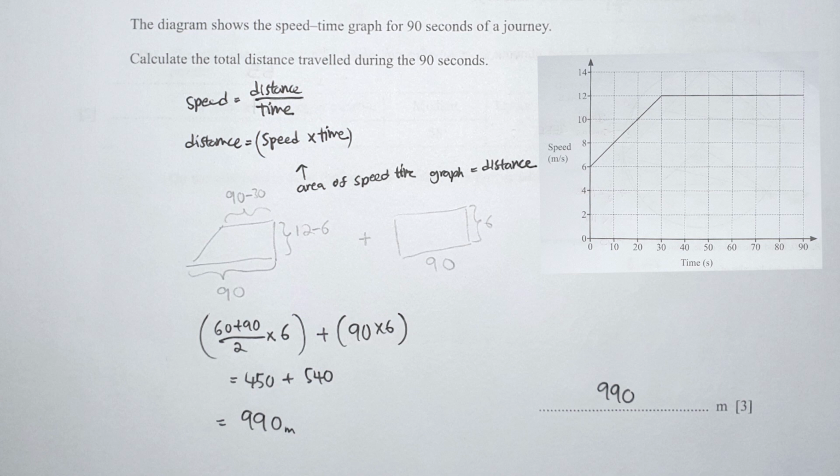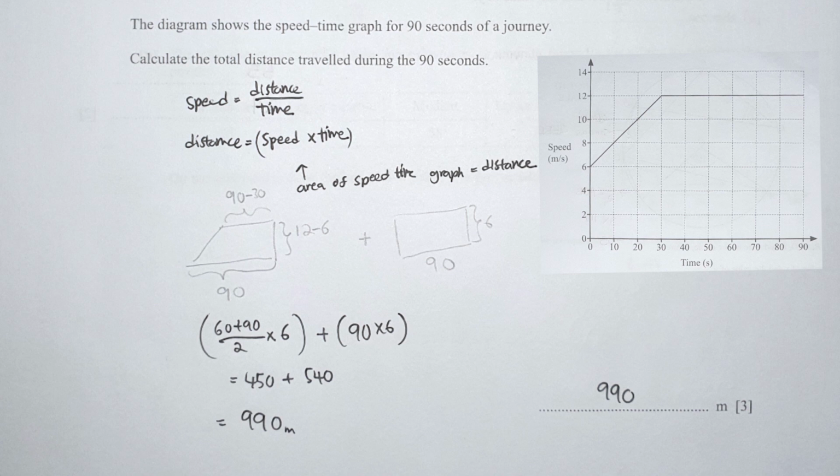As for question 11, this is a speed time graph, and when they're asking for distance travelled, basically what you have to do is calculate the area of this shape. The shape is slightly tricky, hence I broke it down into two parts, a trapezium and a rectangle. It's not necessary for you to follow me. You can use other ways which you find comfortable.